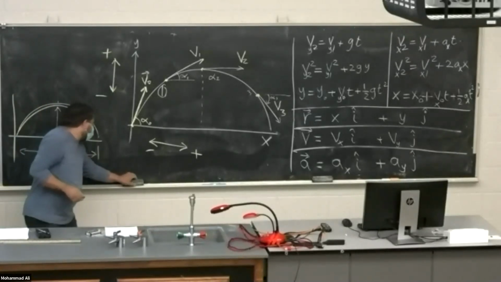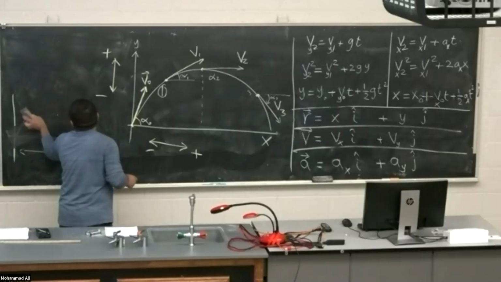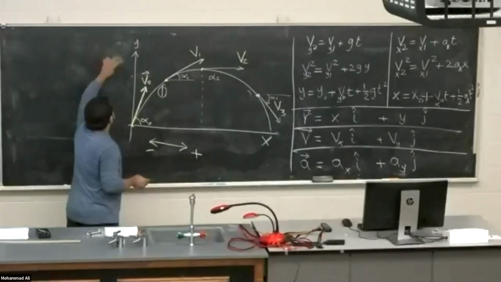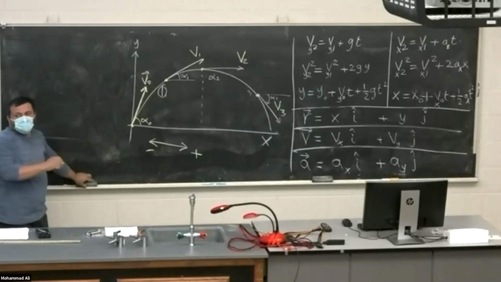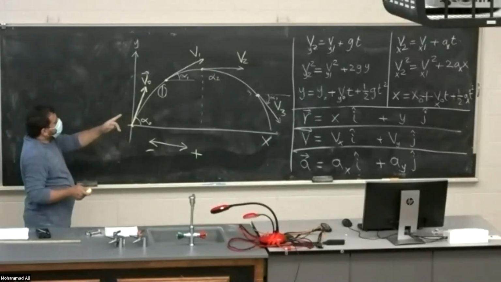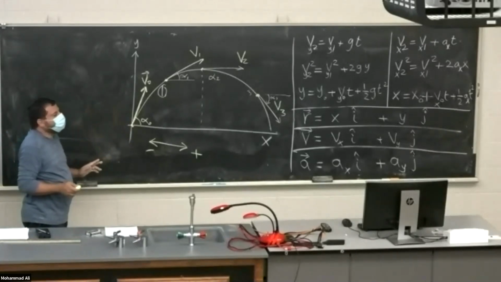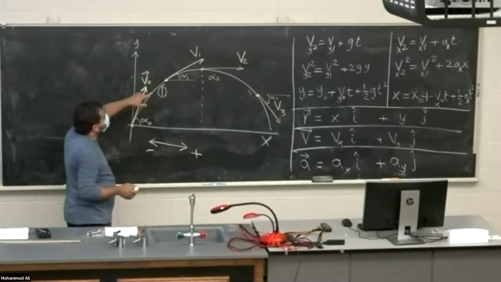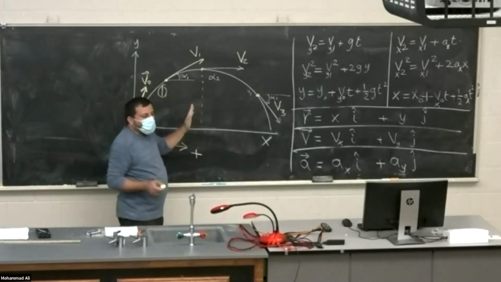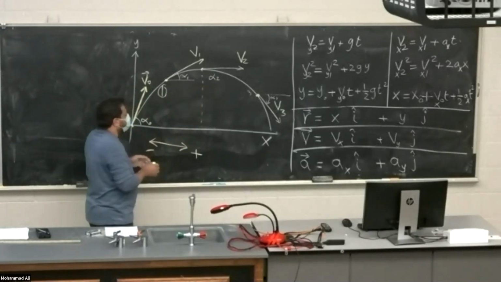Now, let us understand some things about the x and y direction. Now we know the positive and the negative direction in each direction. Now let us start with y. The velocity for y is changing.